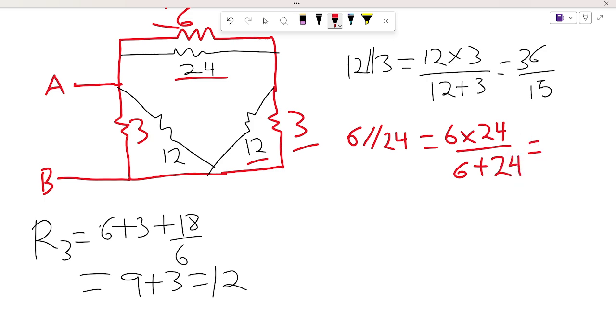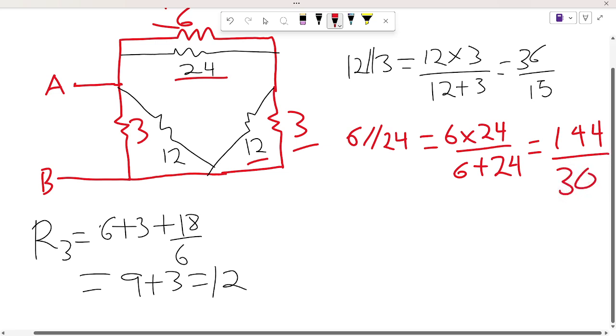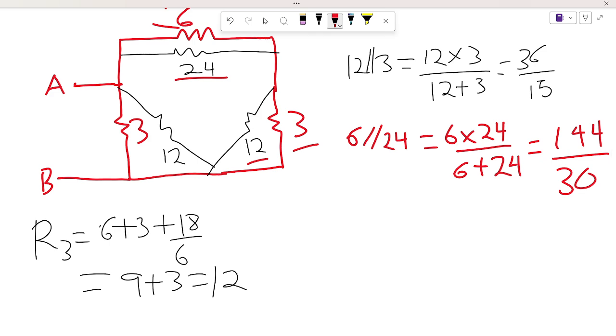So that's going to be 144 over 30. So that's about 4.8. So we can further simplify our circuit.